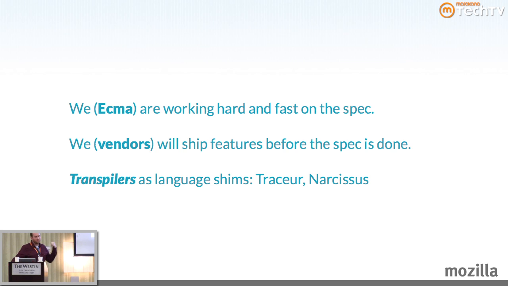So, for example, proxies and weak maps are features that are fairly stable in the spec, and we've already shipped preliminary versions of them in the browsers. It's always a guessing game to know exactly what might be more likely to change by the time the spec comes out, but it's important to remember that the due date for the spec is not the same as the date at which the features are getting in the hands of users.